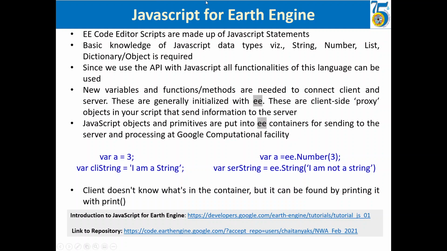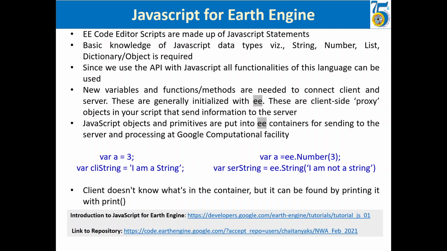Earth Engine code editor scripts are made up of JavaScript statements, and all JavaScript statements end in a semicolon, so you have to take care of that aspect. Otherwise the code editor will warn you that there is no semicolon at the end of the statement.